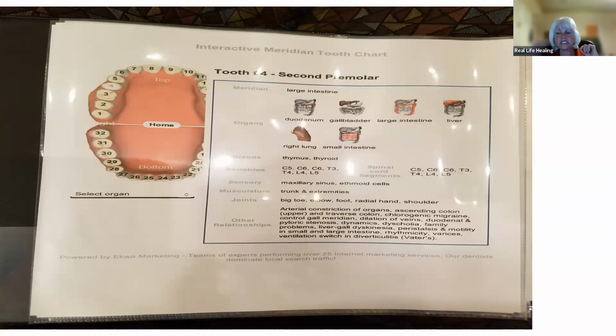When you're brushing your teeth, if you see some blood coming out, don't ignore that. That is saying maybe you've got some infection going on there, or maybe there's a problem with the rest of your organs, your glands, your tissues, your vertebrae.